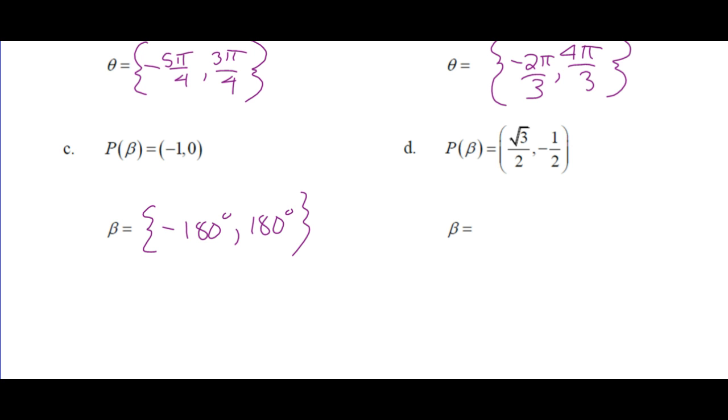Okay, root 3 over 2, that's here. That's 30 degrees. Okay? And then what is it as a negative rotation? So if I start here and rotate, it's going to be negative 330. Oh, wait, sorry, that's negative a half. So which quadrant is that in? We've got a positive axis, and that's quadrant 4. So it's 330 degrees, so that'll be the positive angle.